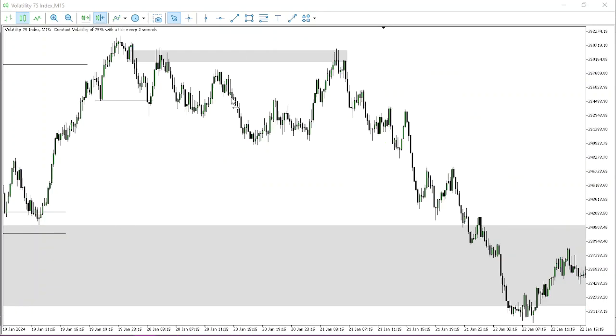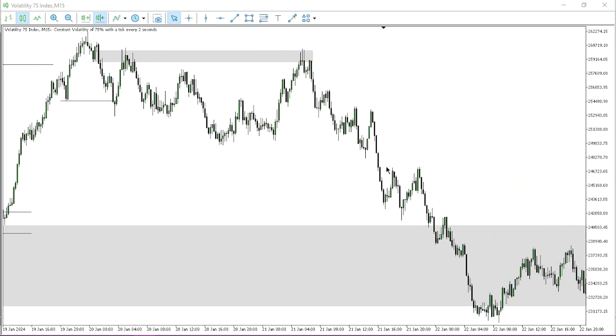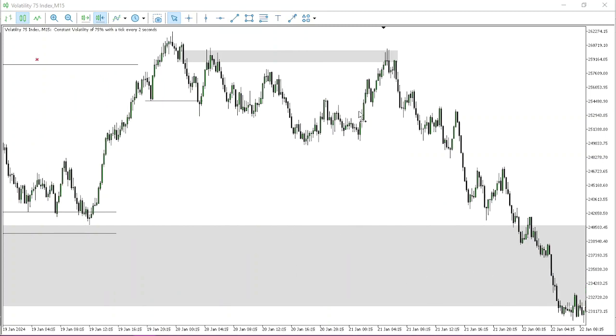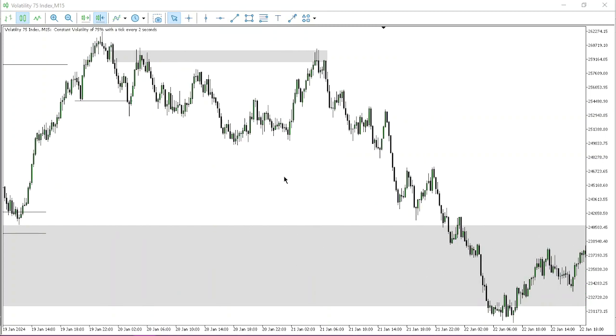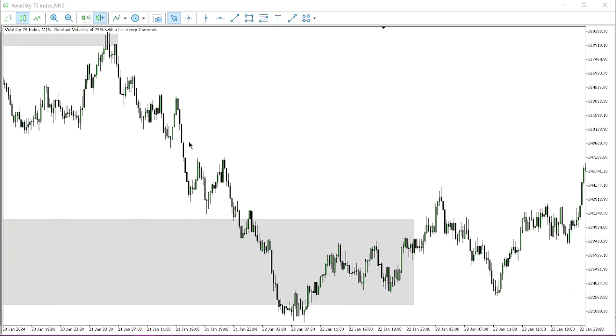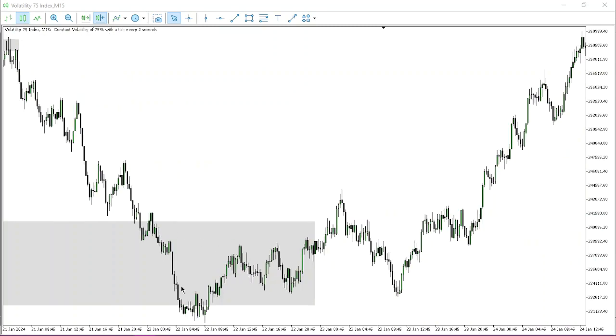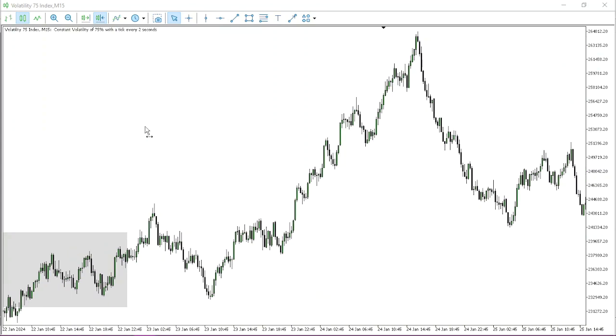We get a reversal. Price was pushed down into the next draw on liquidity, which is internal range liquidity, the fair value gap in discount. What it did was fill up that entire fair value gap, and then a reversal going higher.